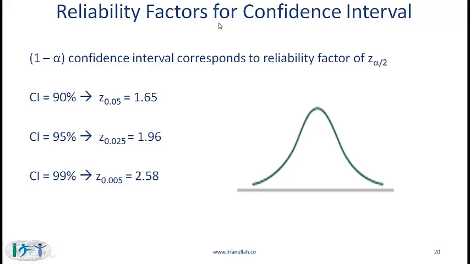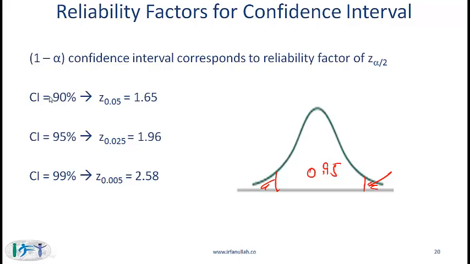Some standard reliability factors for different confidence levels or confidence intervals. We have already talked about this. If your confidence level is 0.95 or 95%, then we are looking at a z value with a probability of 0.025, and this z value is 1.96.